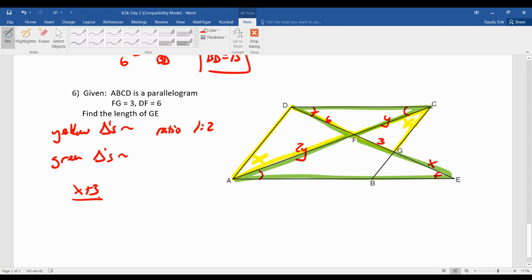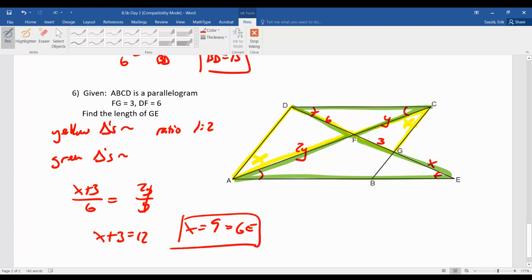X plus 3 is to 6, as 2y is to y. These y's cancel. Okay, so you get x plus 3 equals 12. So x is clearly 9, and that's GE. All set.